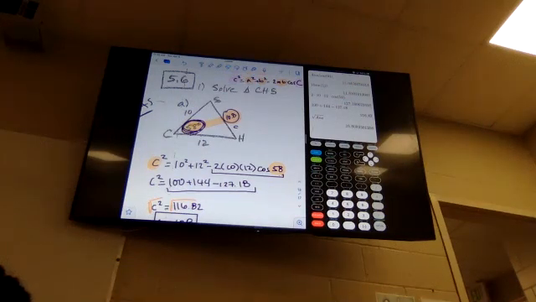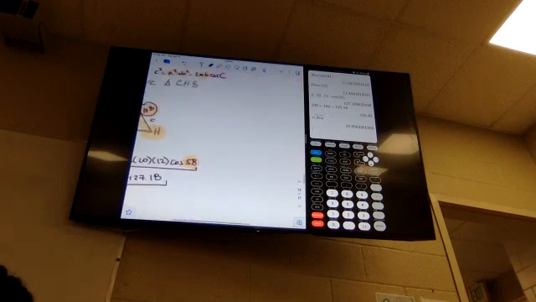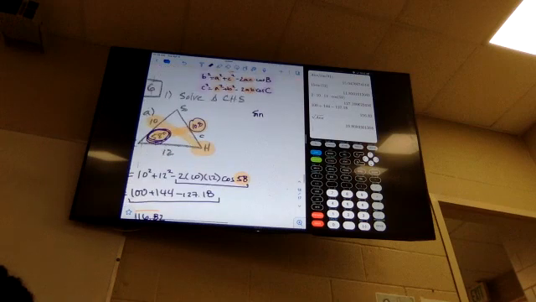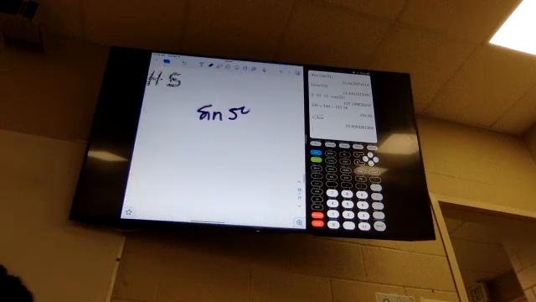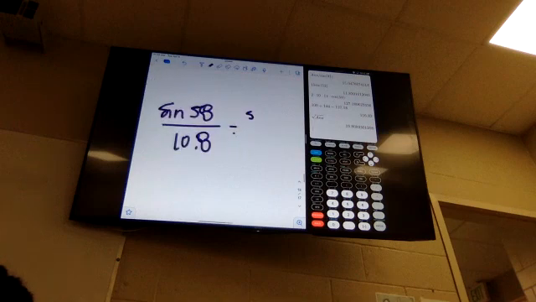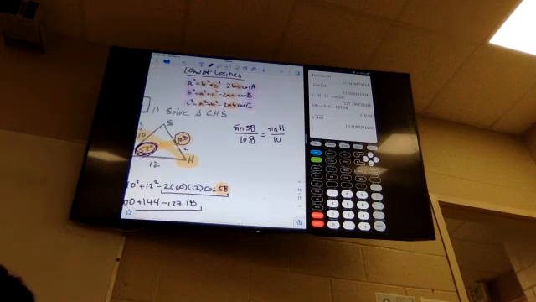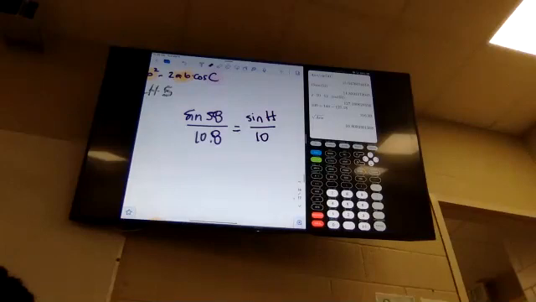I'm going to keep sine of 58 over 10.8, and then I'm going to do sine of H over 10. Sine of 58 over 10.8 equals sine of H, as in house, over 10. We're just going to cross multiply and solve.